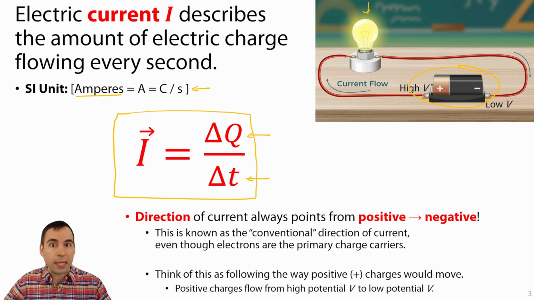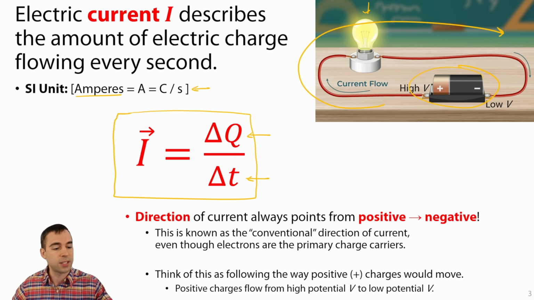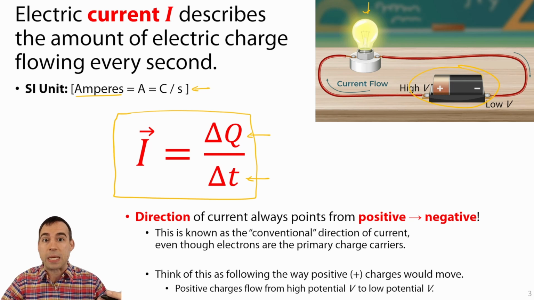Now, the current does have a direction. It is technically a vector. It could either point right or left. It could either be traveling counterclockwise through this system, or it could be traveling clockwise. In this case, our current, conventionally, we always say to be the direction that positive charges would move. So from this battery, it's got a lot of positive charges on the left side at high potential.